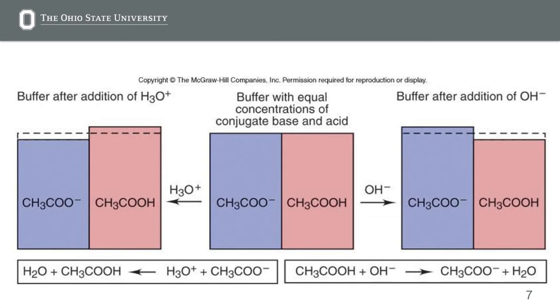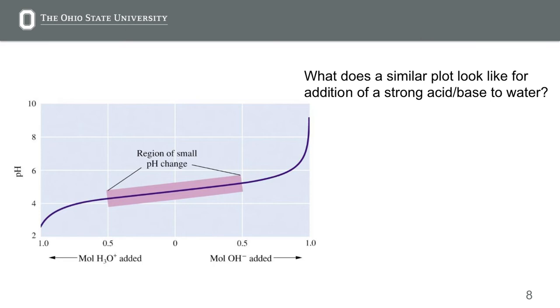Again, the pH changes just a little. The dotted line is showing our initial concentrations. So if we look at this graphically, here we have a plot of pH on the y-axis, moles of acid added in one direction on x, and moles of base added in the other direction on x.